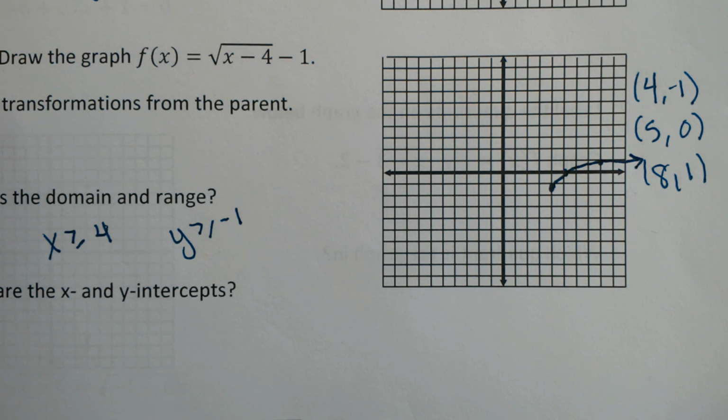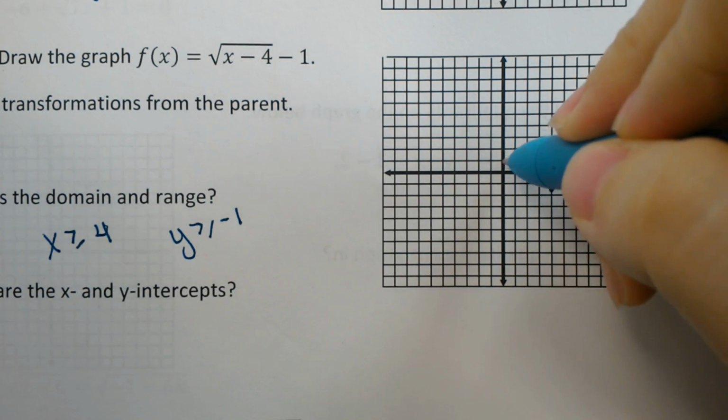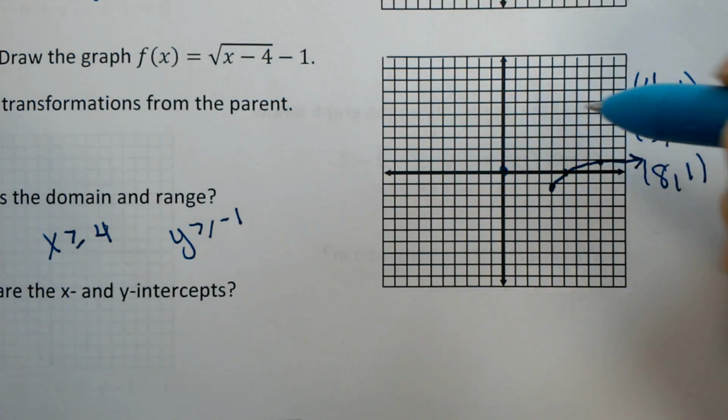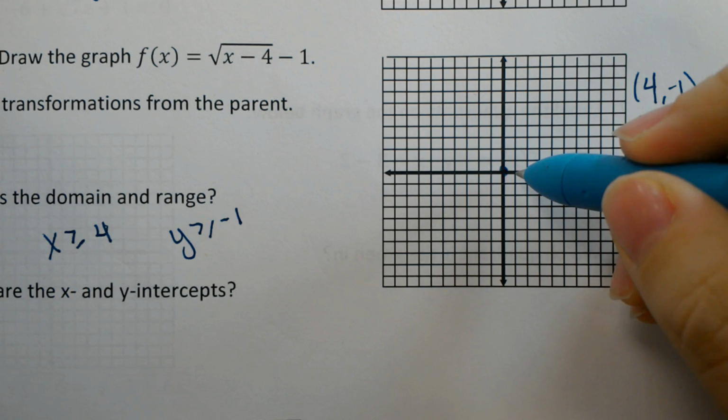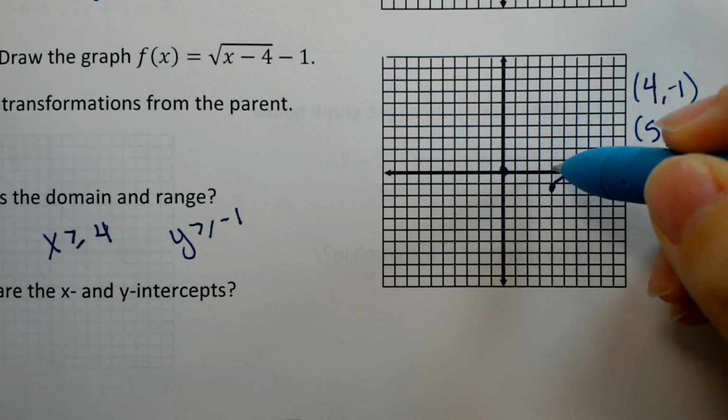So that's what my graph looks like. So the transformations from my parent, which is number 1, our parent function, starts at 0, 0. So my graph went to the right 4 and down 1.